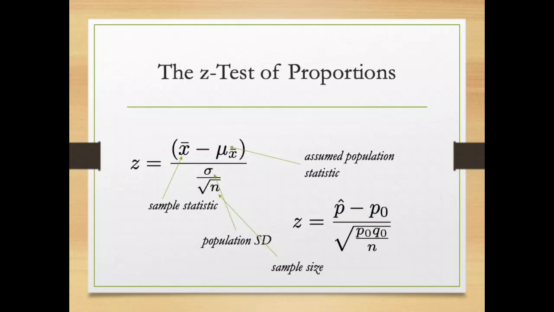But the z-test of proportions is still a sample statistic minus the assumed population value divided by the standard error, where the standard error is the population standard deviation, calculated as the square root of p null times q null, divided by the square root of the sample size.